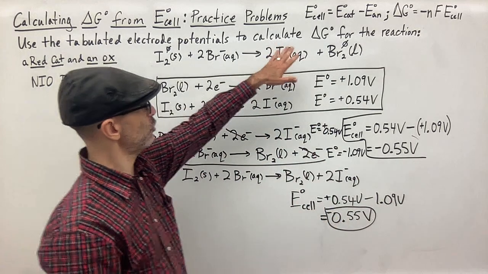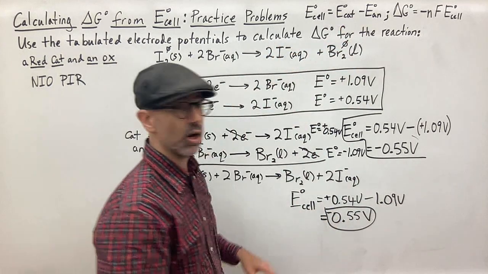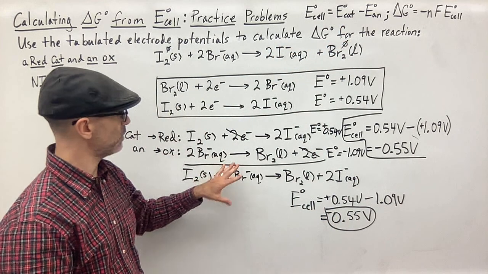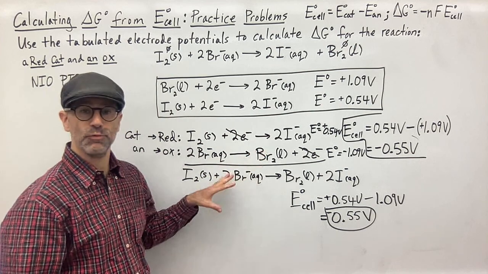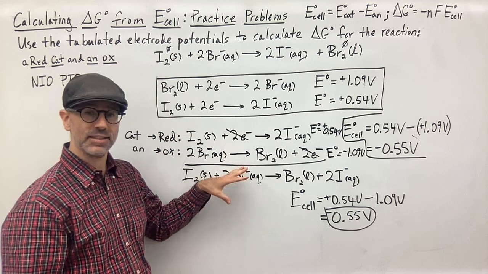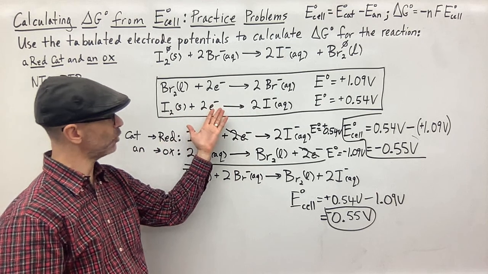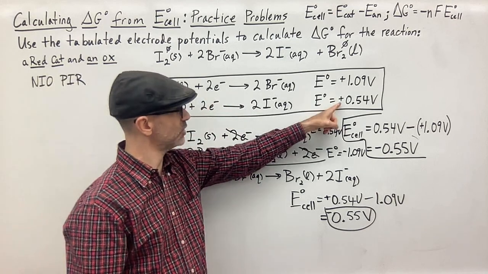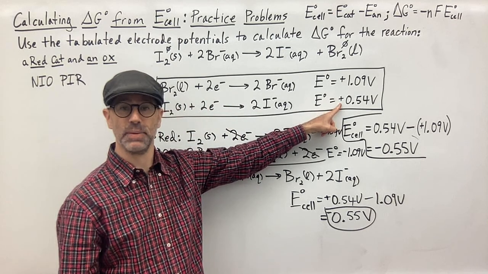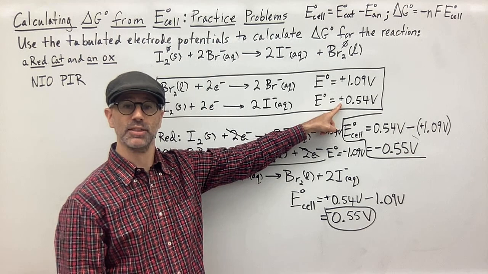So you can use this equation, or if you want to think about it in terms of figuring out which one is oxidizing, you flip that one on the table, and in doing so, you change the sign. If it's negative, you change it to positive. If it's positive, you change it to negative, right?